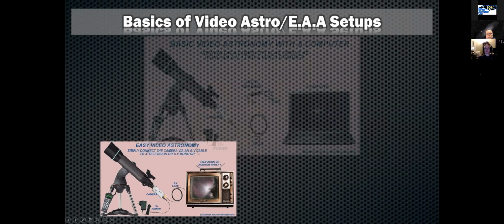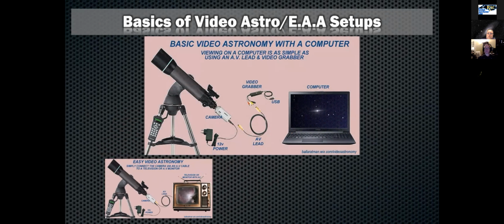Then you start to use a computer. And in these scenarios, it gets a little more advanced, starting to leverage the power of the computer. You add in a video grabber of some sort that takes the signal coming from the camera and converts it into a digital format that you can load right into the computer.